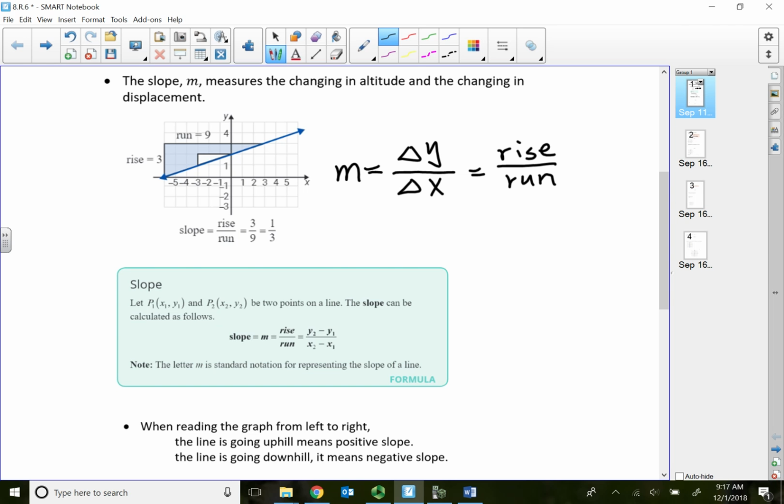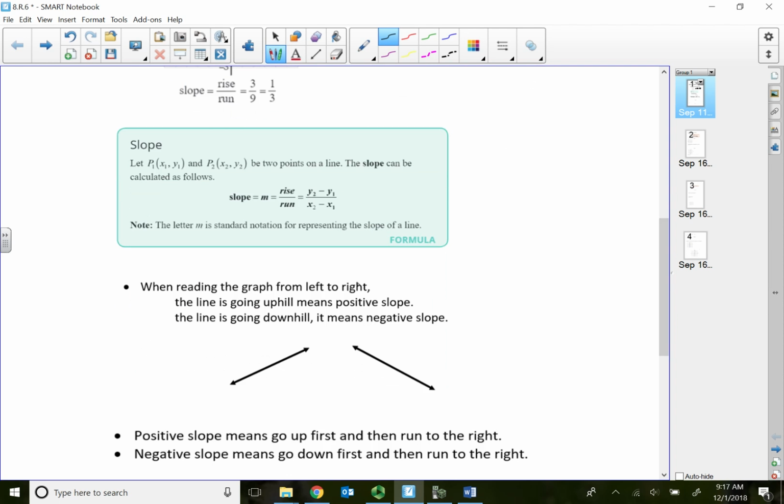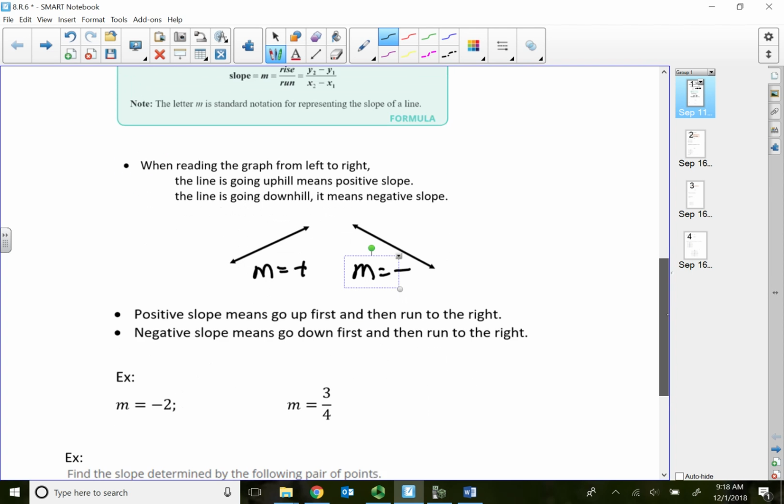When we're reading a graph from left to right, if a line is going up the hill from left to right, that is a positive slope. If a line is going down the hill, then my slope will always be negative. A couple of things you need to know.